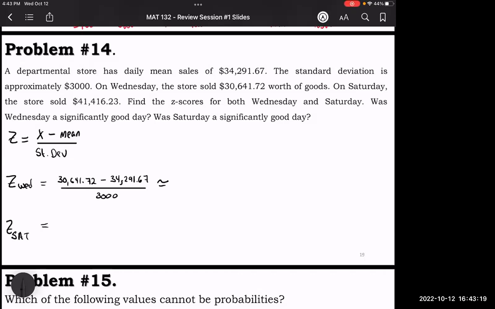Well, you got to round it to 2 decimals. That's right, -1.22.